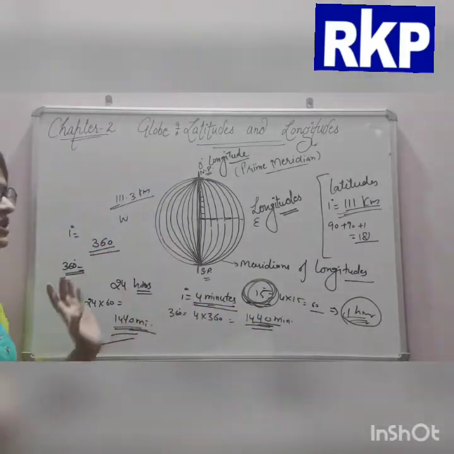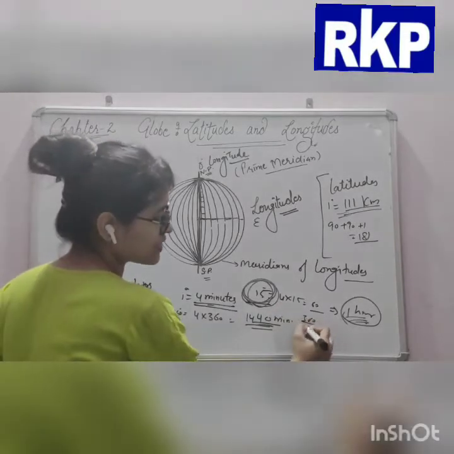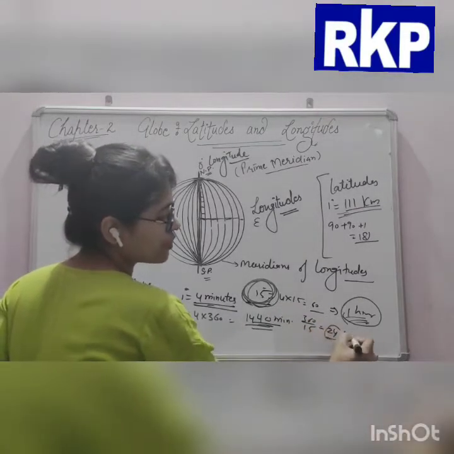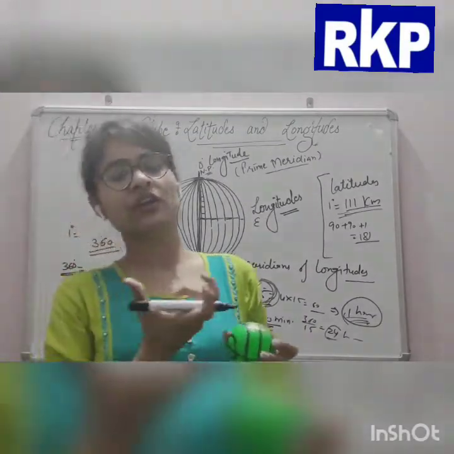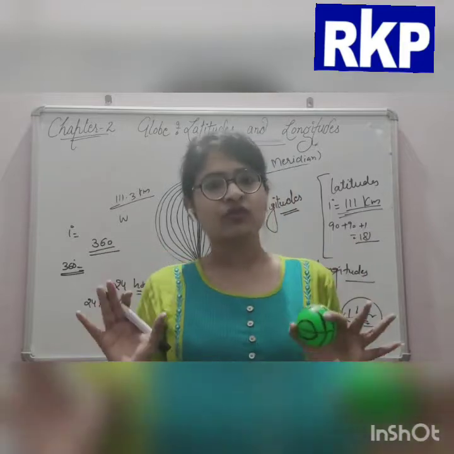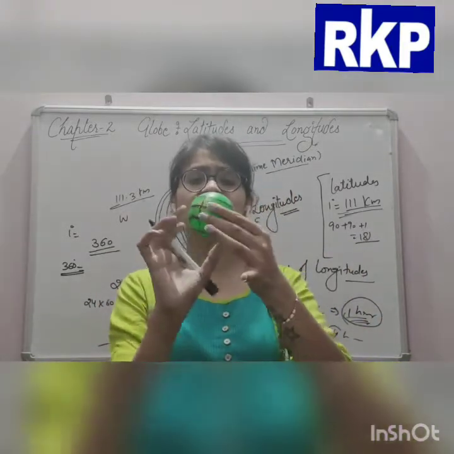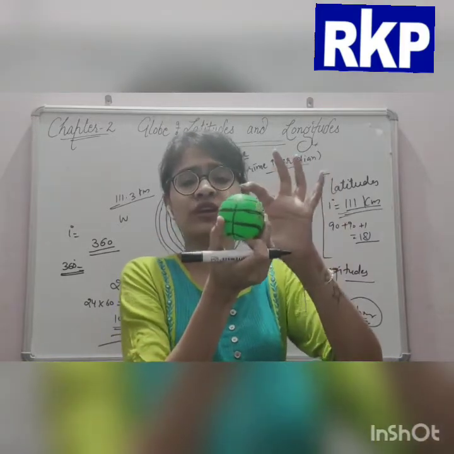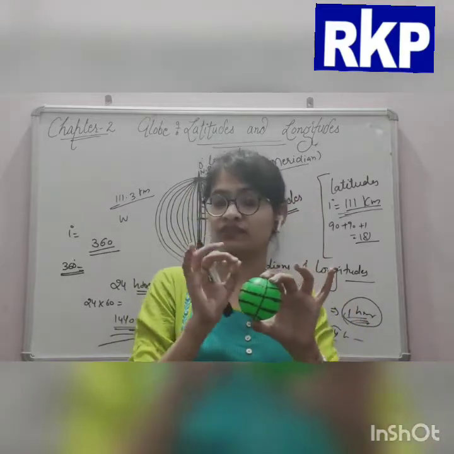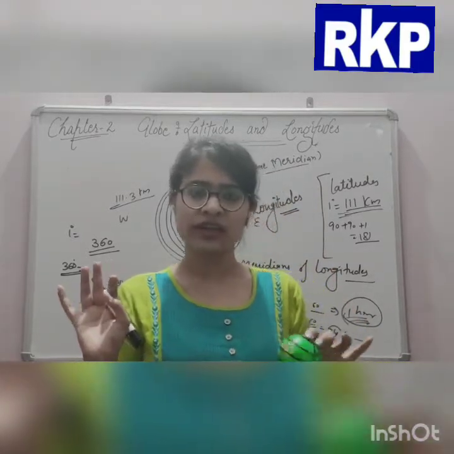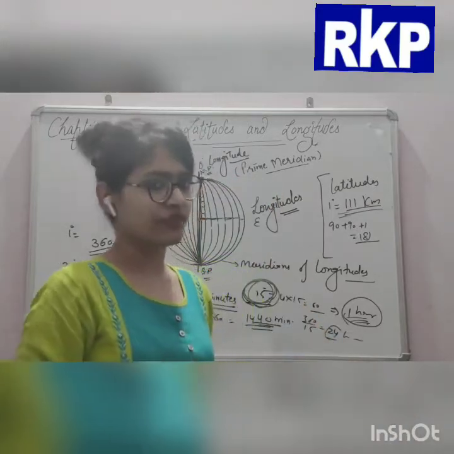Then obviously there are 360, so 360 divided by 15 is 24 hours. It means the Earth completes one revolution in 24 hours, covering 360 degrees. If the Earth rotates fully on its axis, one round complete, it will be 360 degree. Clear? And the Earth will complete its one rotation in 24 hours.